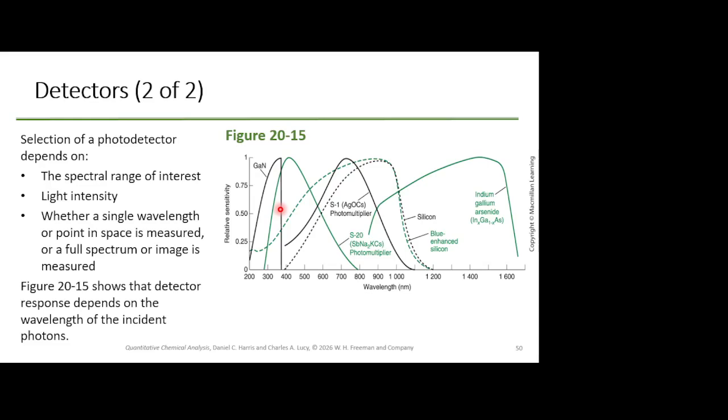So instead of just detecting whether there is light or not, you can actually tell where it's detecting light. Okay. And so then it's going to be a range of space, and you can measure different parts of that space. So you can get full images, or you can just get one point in space, depending on what you're looking at. Or you could get a single wavelength, or a spectrum of wavelengths from one detector, and it can actually differentiate those different wavelengths.